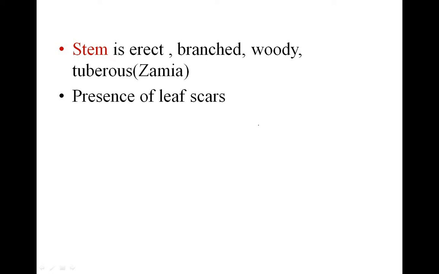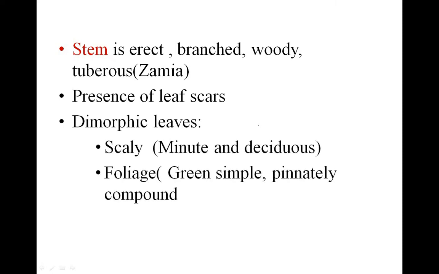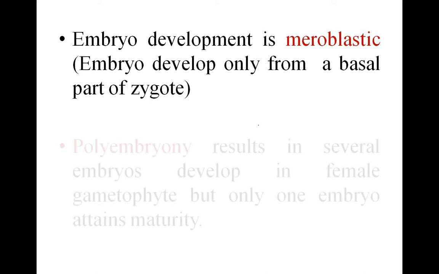They also show the presence of leaf scars, and the leaves are dimorphic in nature. First are scaly leaves that are minute and deciduous, while foliage leaves are green, simple, and pinnately compound. Embryo development is meroblastic, where the embryo develops only from the basal part of a zygote, not the whole zygote.